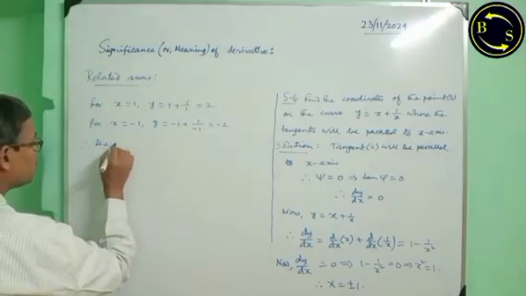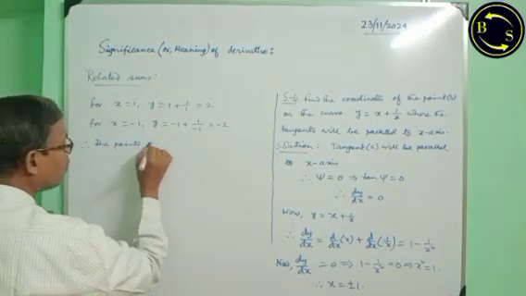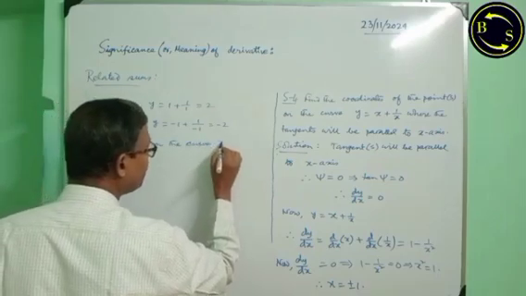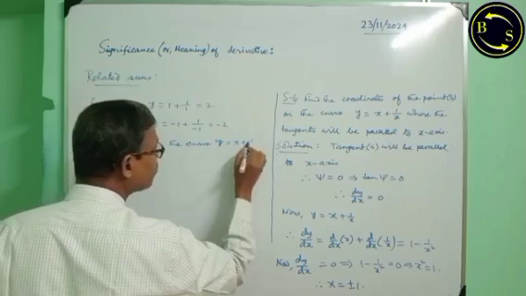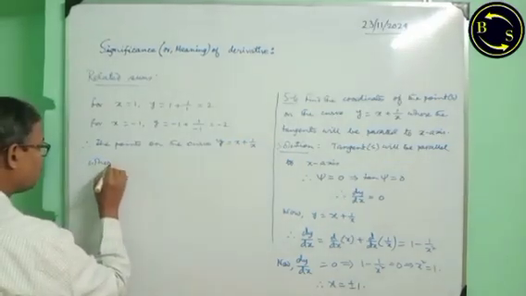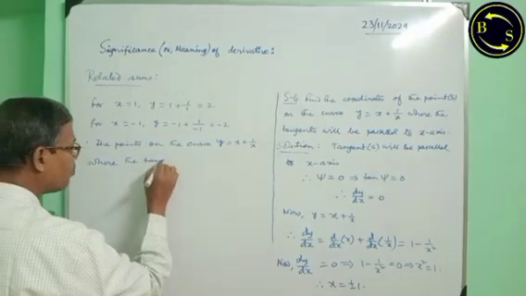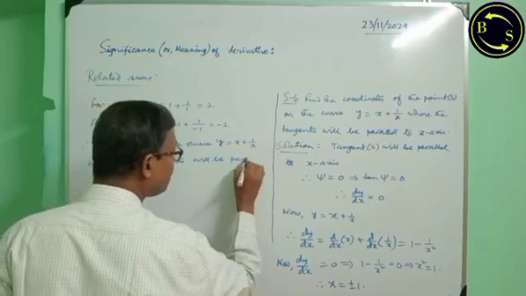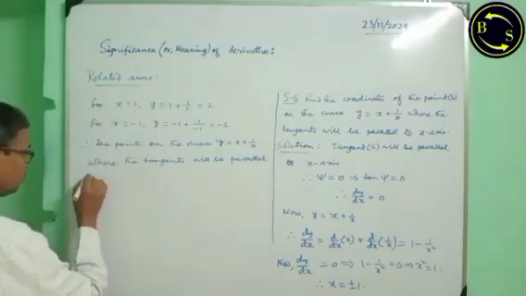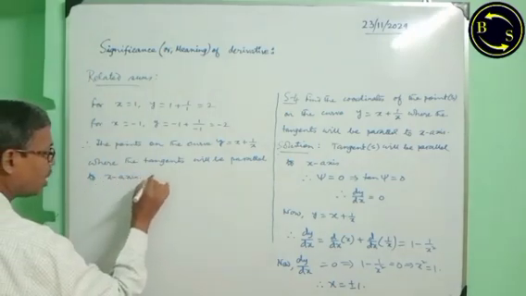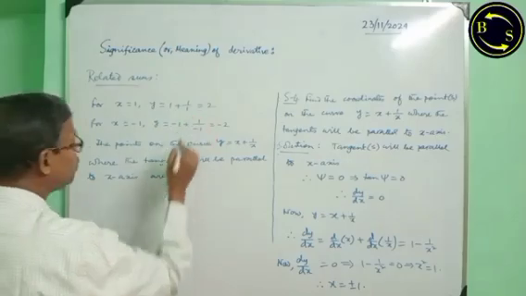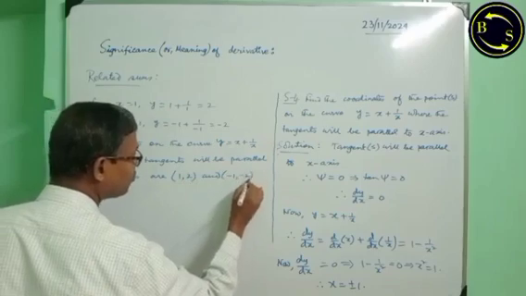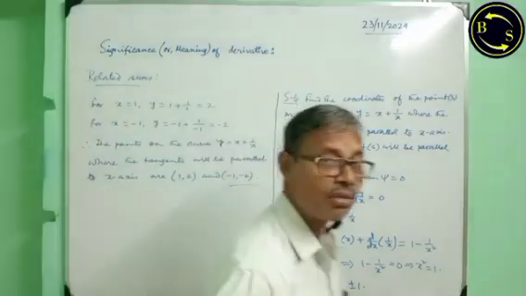Therefore, the points on the curve y is equal to x plus 1 by x, where the tangents will be parallel to x-axis are (1, 2) and (-1, -2). Thus the sum is solved.